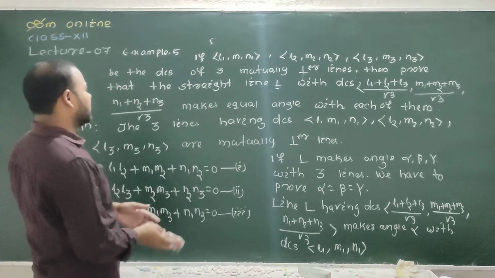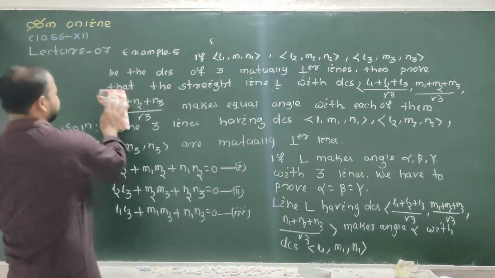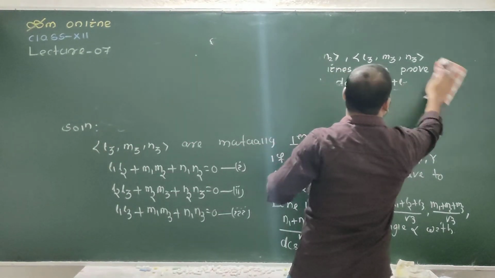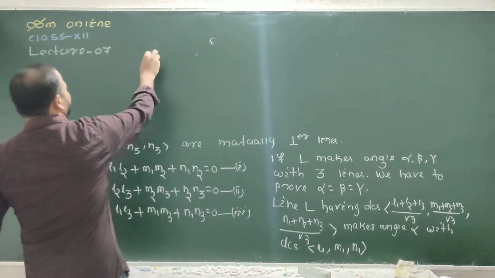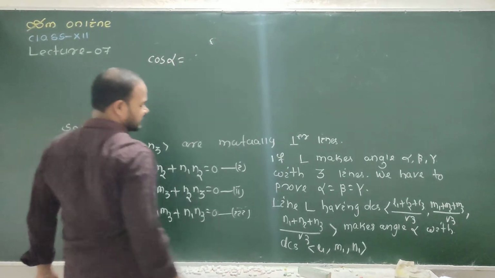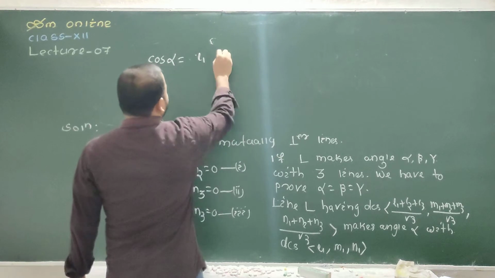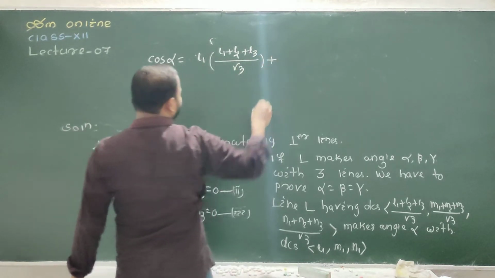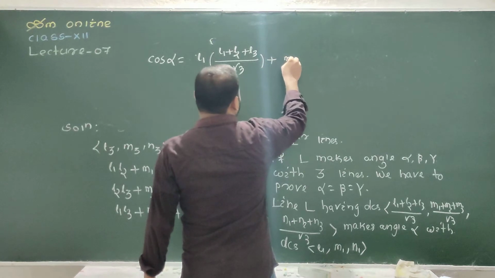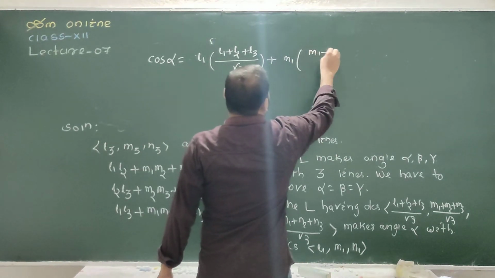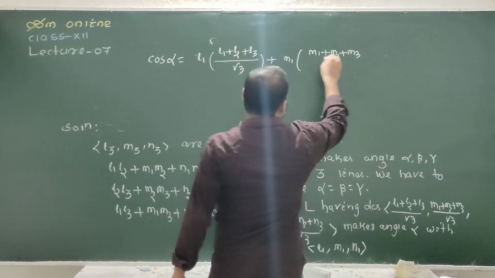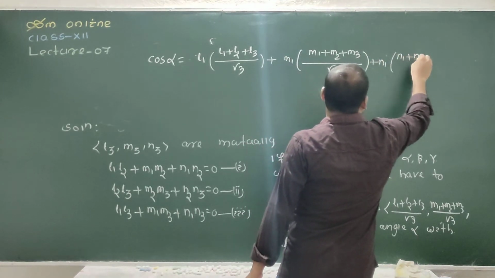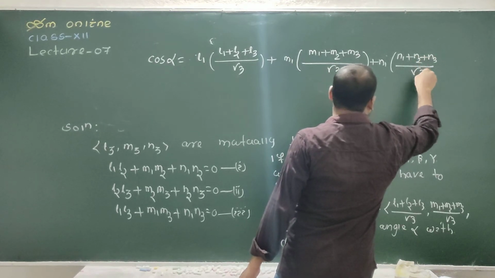So the value of cos alpha is L1 into (L1 plus L2 plus L3) by root 3, plus M1 into (M1 plus M2 plus M3) by root 3, plus N1 into (N1 plus N2 plus N3) by root 3.